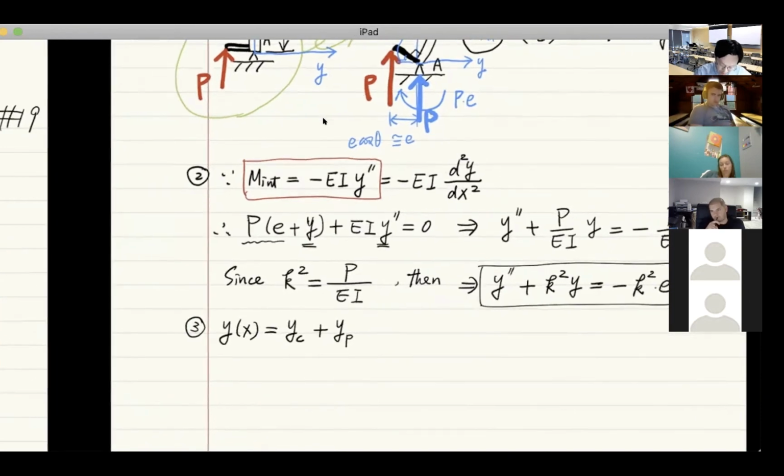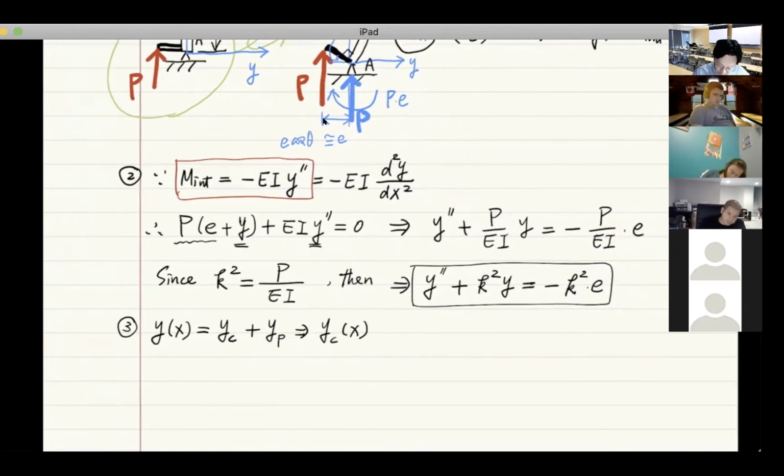So what are these? Well, let's be clear. Complementary solution, and of course, you should know that this is also x-dependent, even though sometimes I don't show it, but they are always x-dependent. That reminds you that whatever you're going to write in the following must include the variable x. So it's a good habit to always write yc of x.